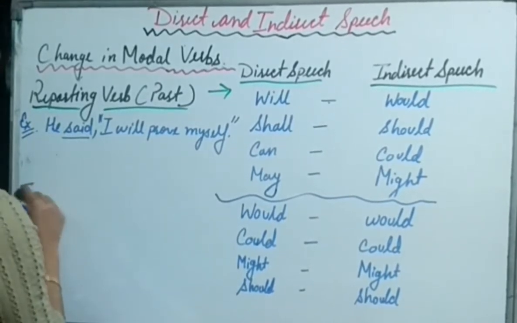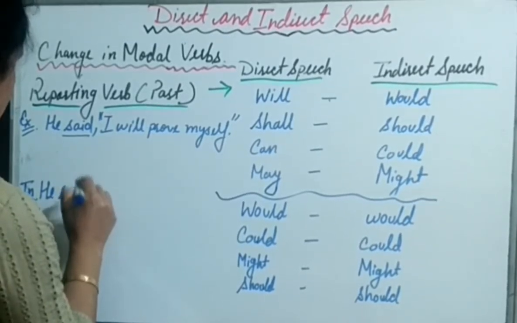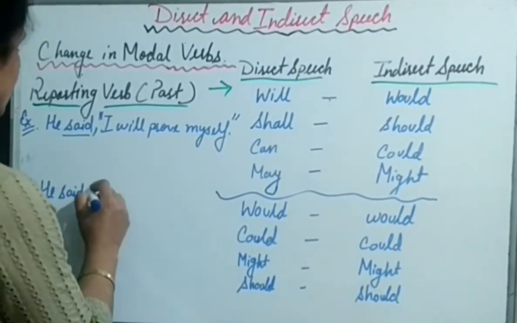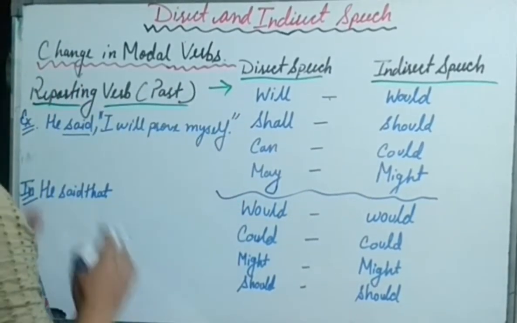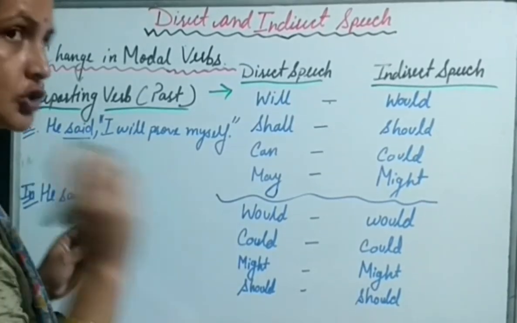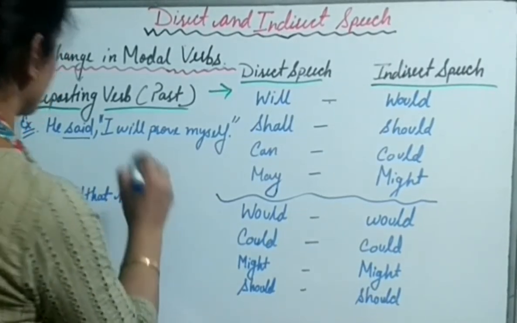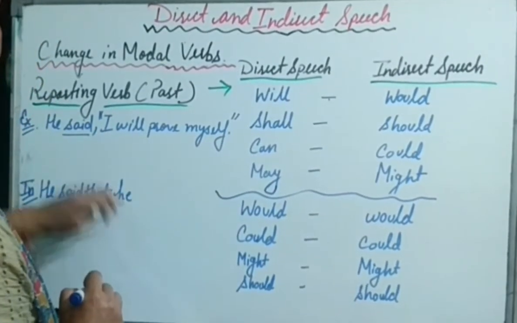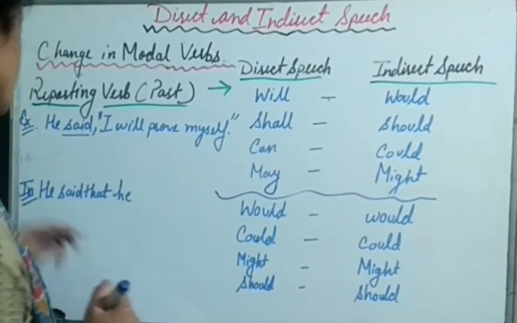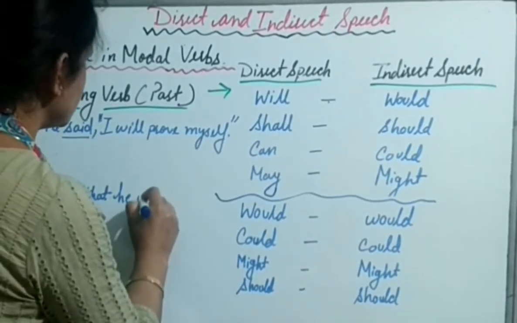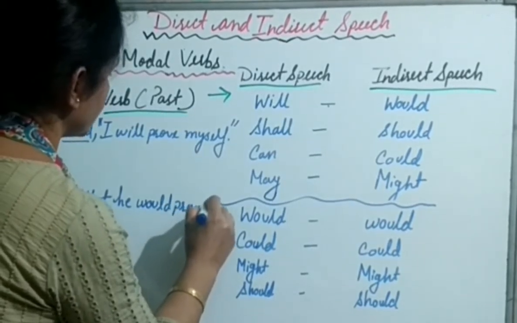Indirect speech: He said. The condition is the same. We are going to use the connector "that". After that, we remove the commas. Then we will change the pronoun. He said that he. For "I", we have used "he". Then we change "will" into "would". He said that he would prove himself.